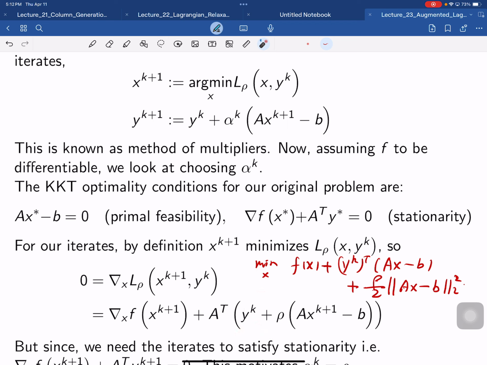We already know y_k, and we want to know what will be a good y_(k+1) for the next iteration. But as you can see, you can find a very good way of updating y, because if you compare this condition with the stationarity condition, they have a very similar structure. They are both the gradient of f(x) plus A transpose y. So if you update y_(k+1) to be this term, you will satisfy the stationarity condition.